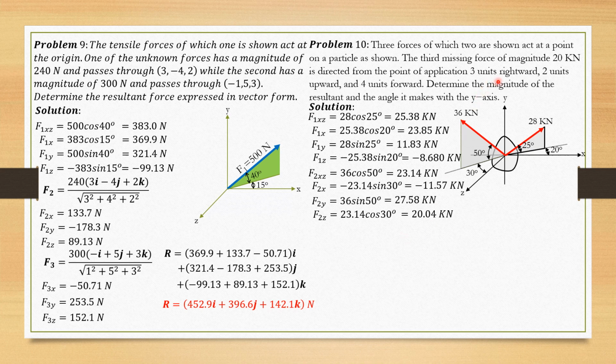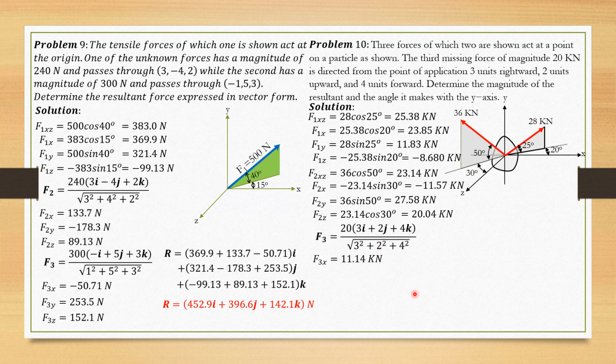Then for the missing force, all the components are positive because it is 3 units rightward, 2 units upward, and 4 units forward. So all are in the positive direction. So in vector form, it is F3, 20, quantity 3i plus 2j plus 4k divided by square root of 3 square plus 2 square plus 4 square.